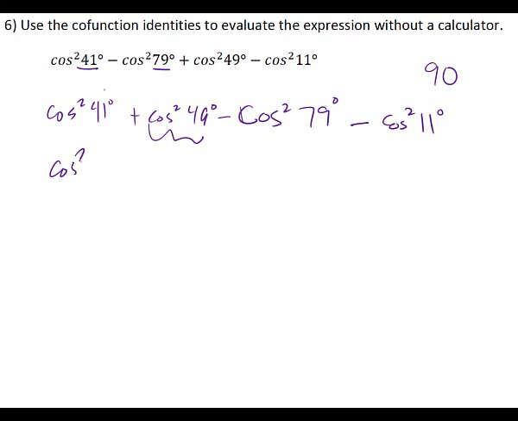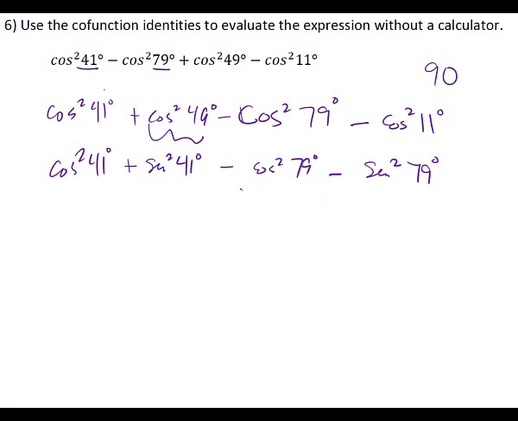So cosine squared of 49 is the same as sine squared of 41. Cosine squared of 11 degrees is the same as sine squared of 79 degrees.